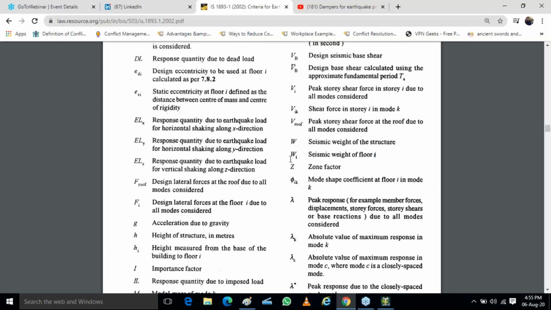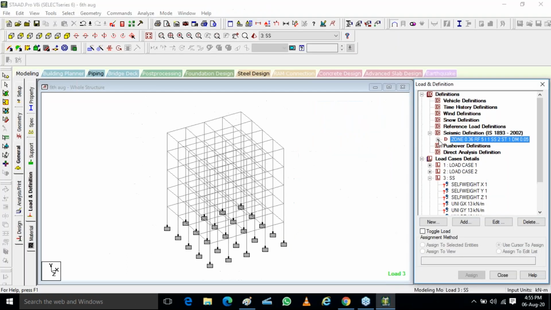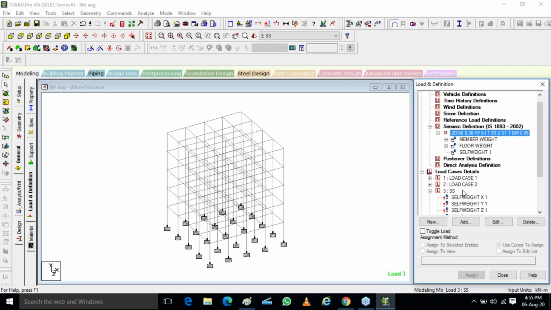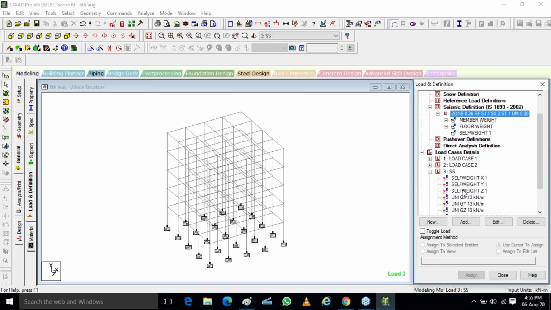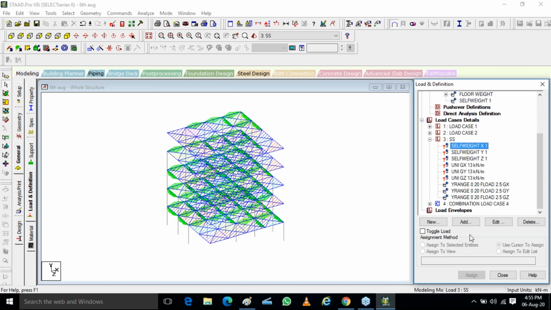Seismic weight I have already defined in my definition here, but for WI, I have to define it for all these loads again in all the directions. Then only we can do the seismic analysis for the response spectrum. Now I have to add it to my view.